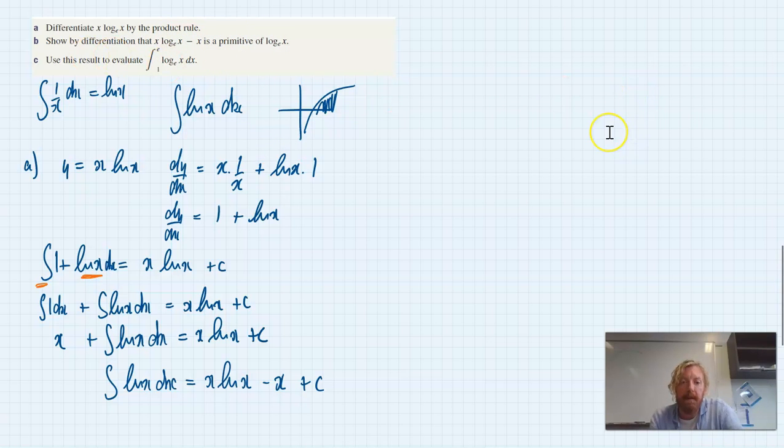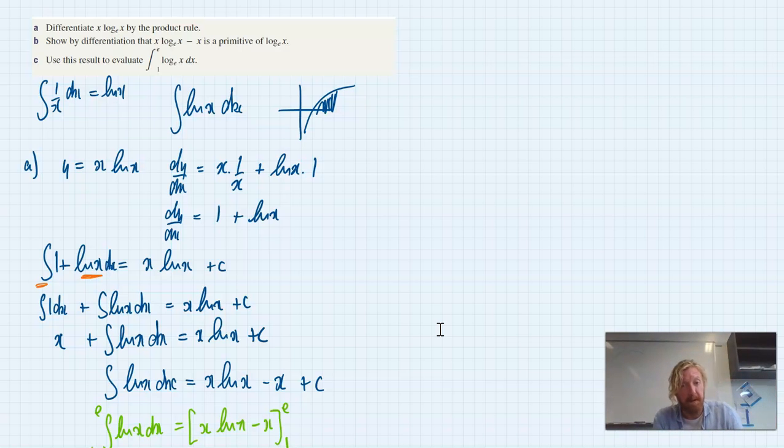Use this result. So this is a really nice example, guys. I encourage you to definitely work through it yourself. They want my bounds there. What have I got? E and 1. Integral between E and 1. That means I'm not going to have that C. And it's going to be just that.